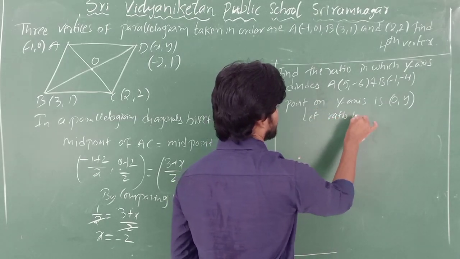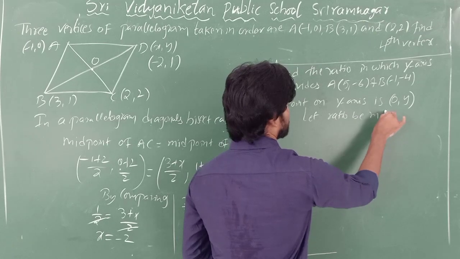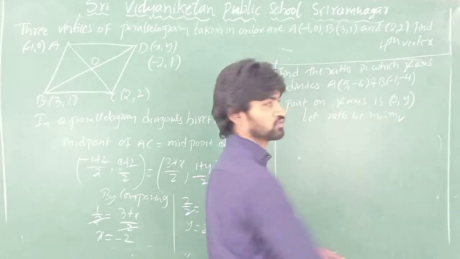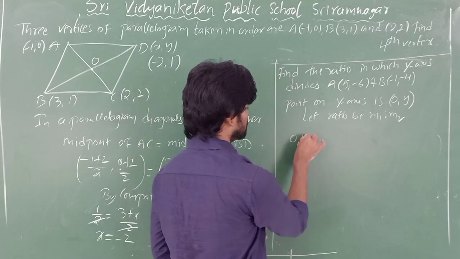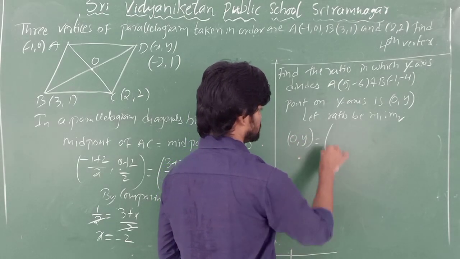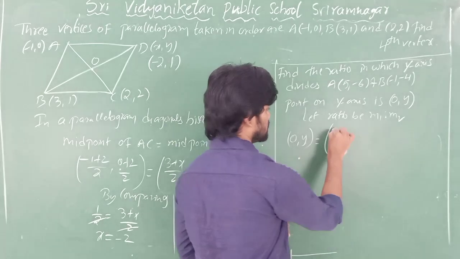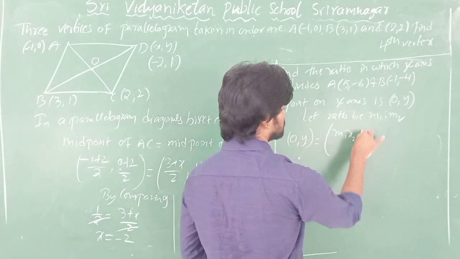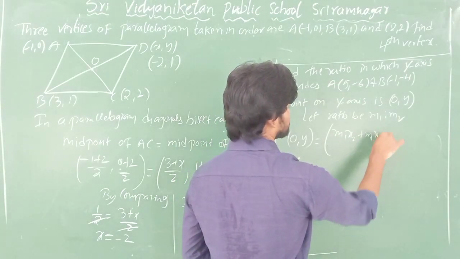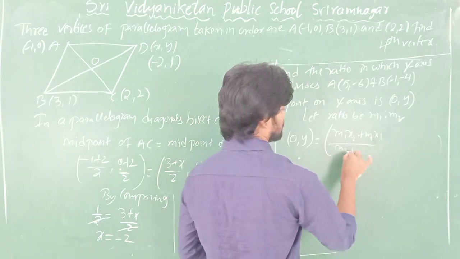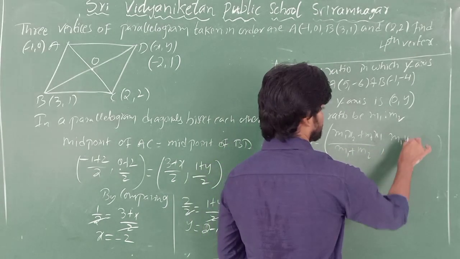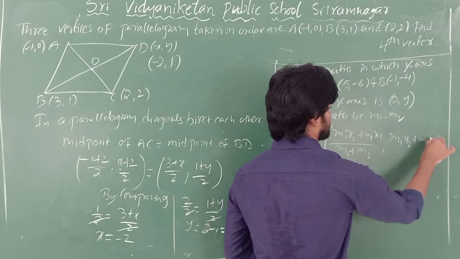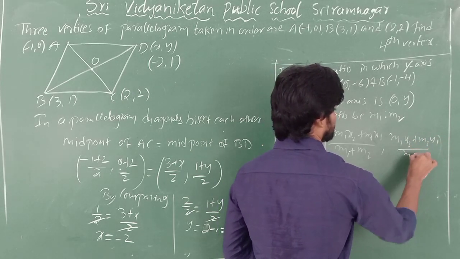Let the ratio be m1 is to m2. Very important. Now (0, y) equals (m1 x2 plus m2 x1) by (m1 plus m2).